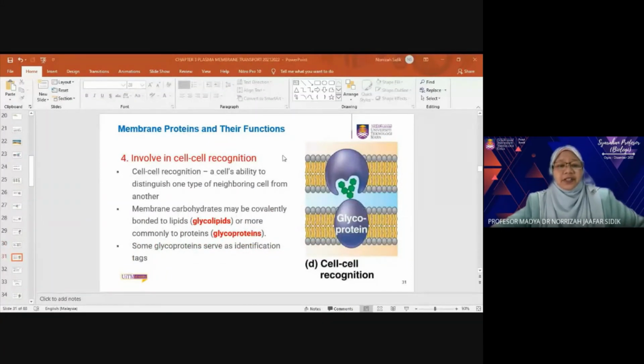The next function is involvement in cell recognition. This is the cells' ability to distinguish one type of neighboring cell from another. The membrane carbohydrates may be covalently bonded to lipids, forming glycolipids, or more commonly to proteins, forming glycoproteins. Some glycoproteins serve as identification tags.